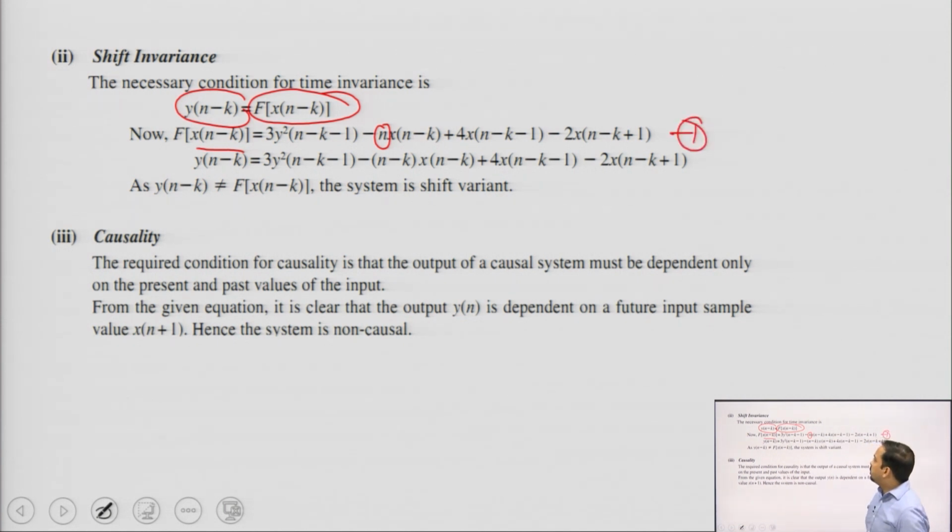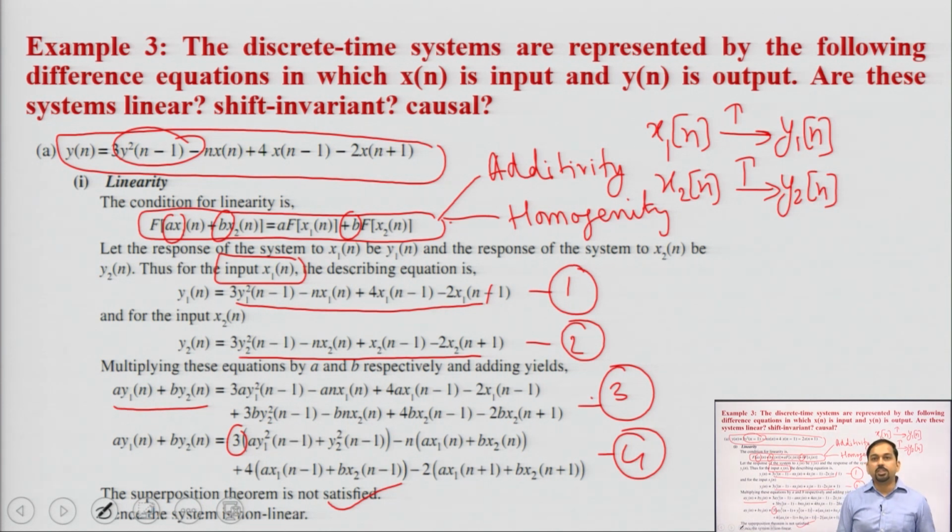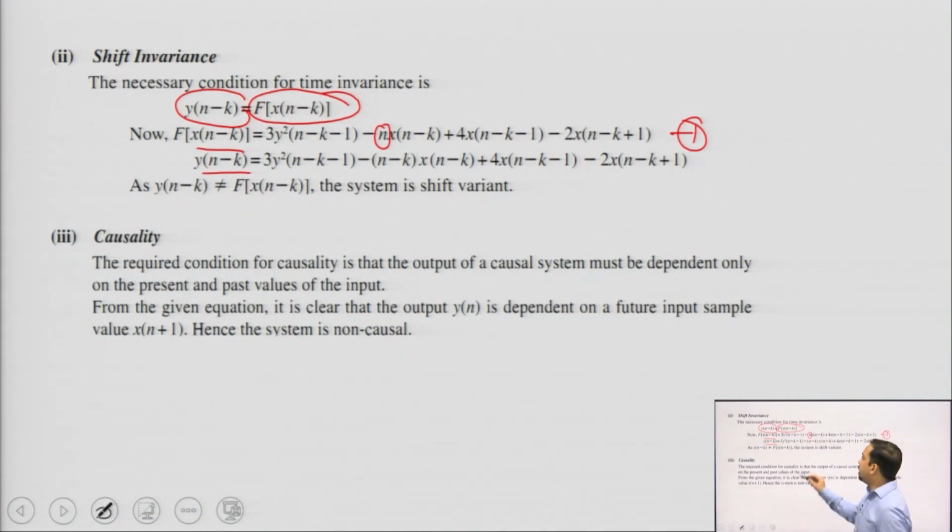Now, what about this y[n-k]? In our previous equation, instead of n, we are replacing n-k. So, instead of this n, we are getting n-k this side. We can see that apart from this, all other terms are the same except this middle term.